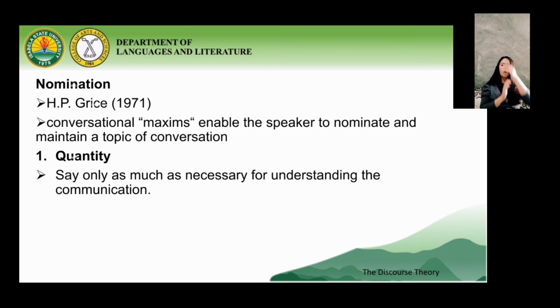So, what is quantity? When we say quantity, you may say only as much as necessary for understanding the communication. Don't say anything that is not related to your topic. What you are saying must be something important or necessary only.